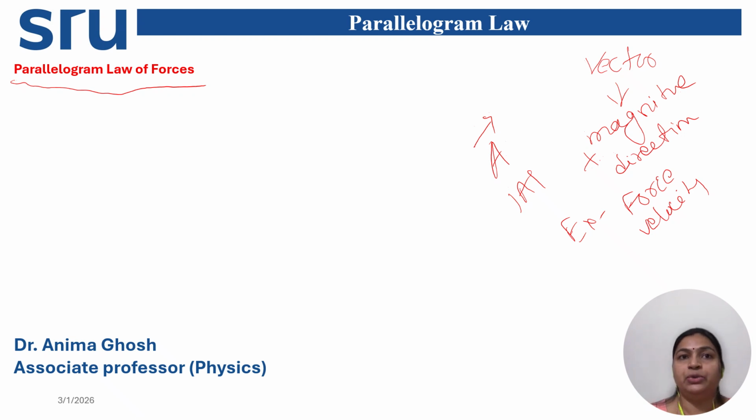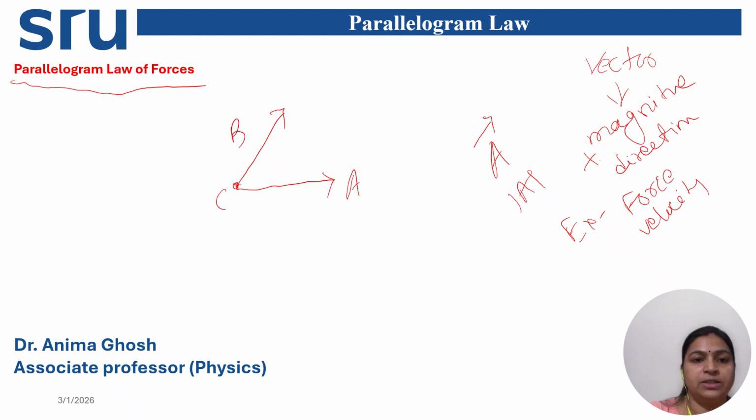If two vectors act at a point, let's say this is a vector A and this is another vector B, acting from the same point, let's call this point O. If both the vectors are represented in magnitude and direction by two adjacent sides of a parallelogram, then the resultant is represented by the diagonal through that point.